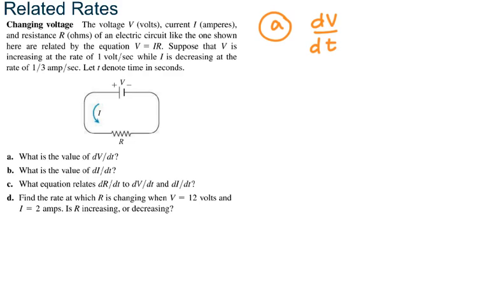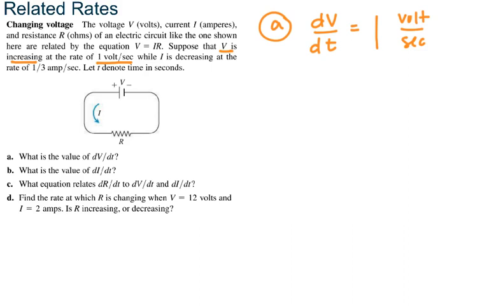And so V is increasing at a rate of 1 volt per second. So dV/dt equals 1. And again, that is volts per second.